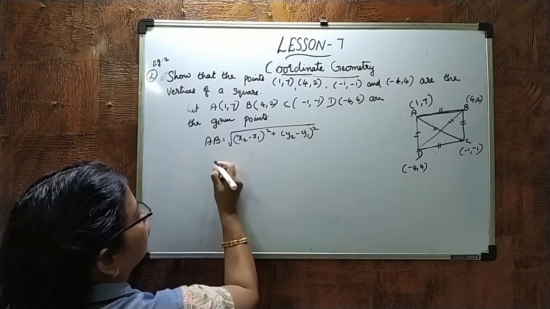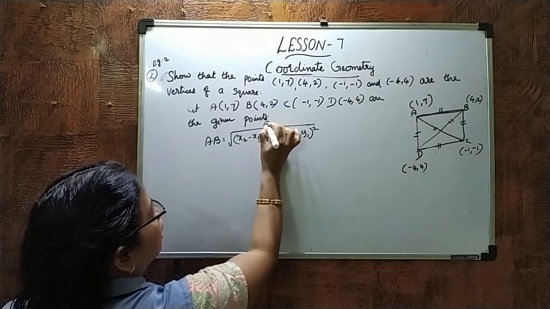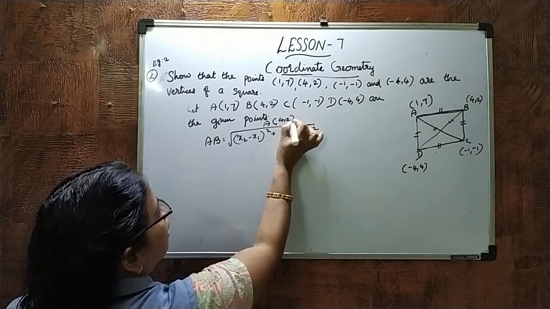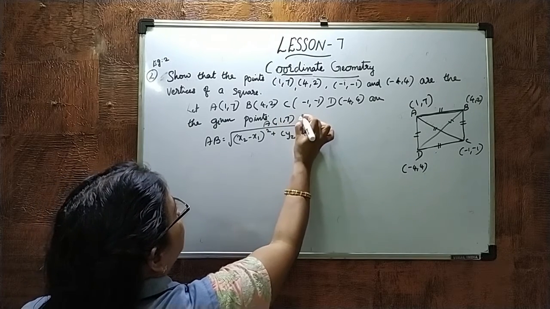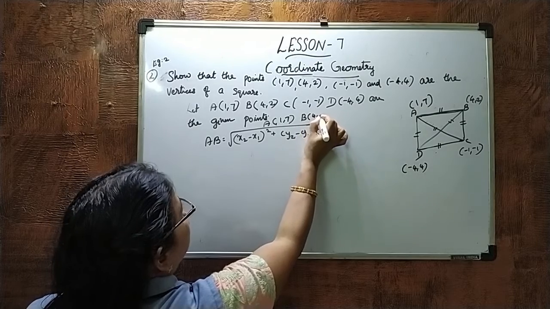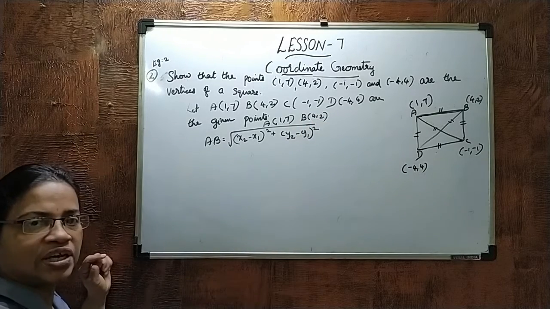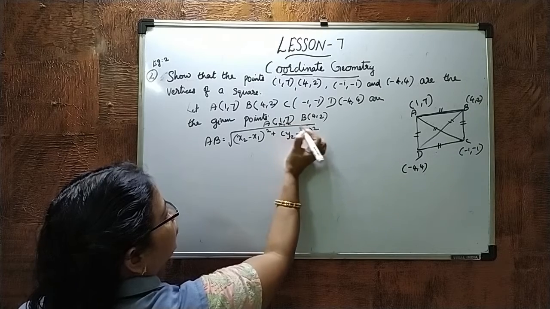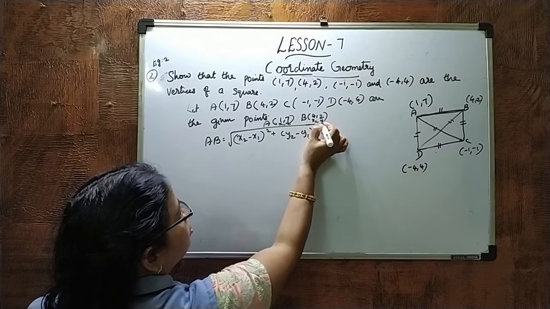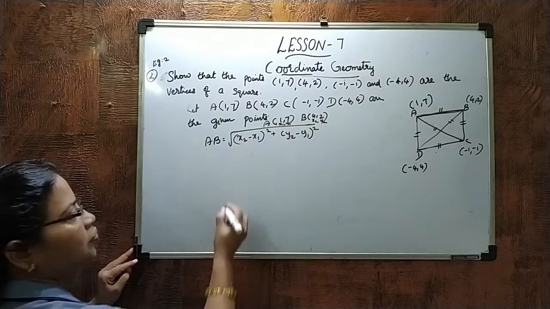So AB, what is A, what is B? A is (1, 7) and B is (4, 2). Which is x1, y1, and which is x2, y2? A is x1, y1, B is x2, y2. Okay, we'll start now.